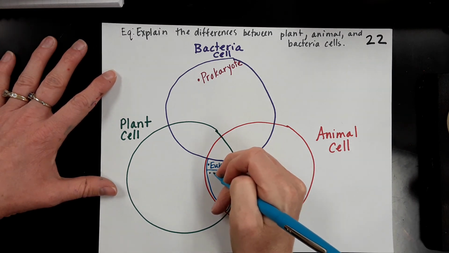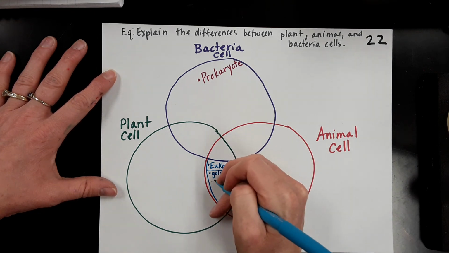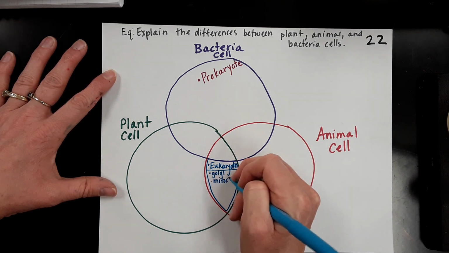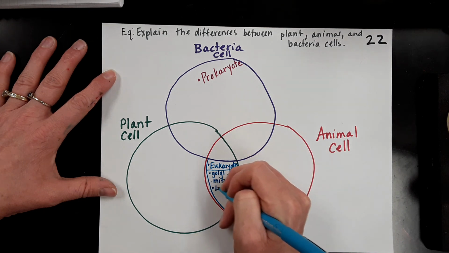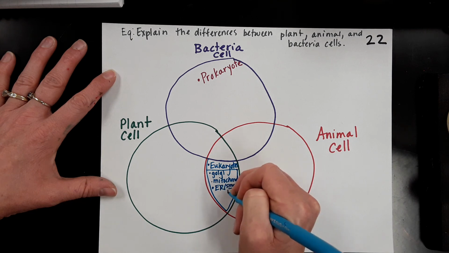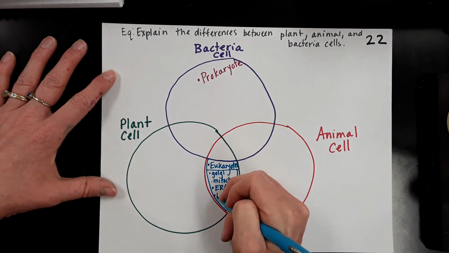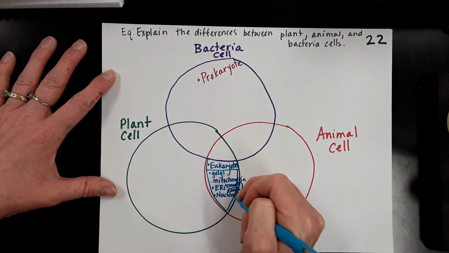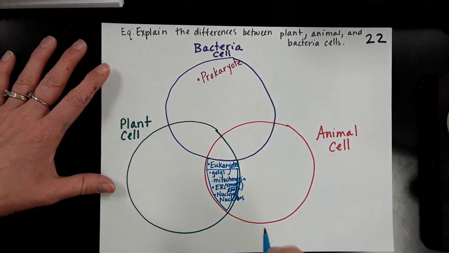These cells are going to have a Golgi apparatus, mitochondria, and endoplasmic reticulum, both the smooth and the rough. They are both going to have a nucleus and a nucleolus. So those are things they have in common.